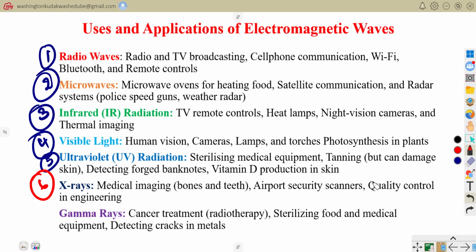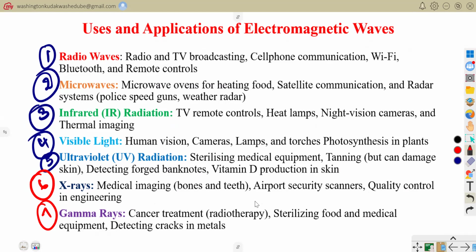That is to detect where there are fractures in the metal equipment that we would have used in designing different engineering equipment. And then we lastly have what we refer to as gamma rays. These are used for cancer treatment or radiotherapy.